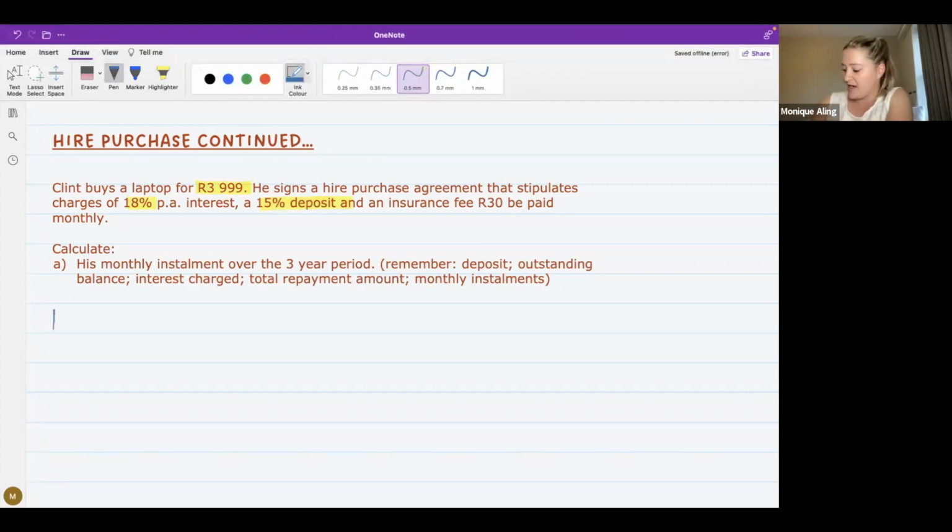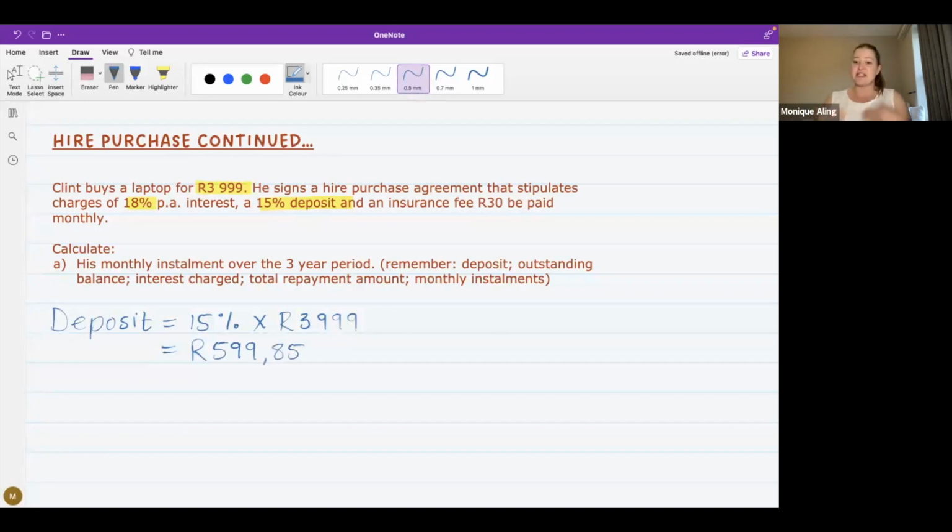So remember, when we work out the deposit, this is the upfront payment. This is the payment he makes before he gets the laptop. 15% of the amount of the laptop. So 15% times 3,999 Rand. I'm just doing it quickly because we have worked this out already on Monday.